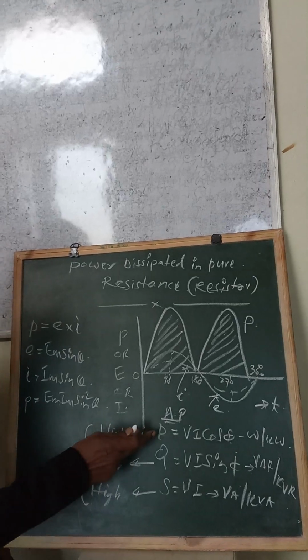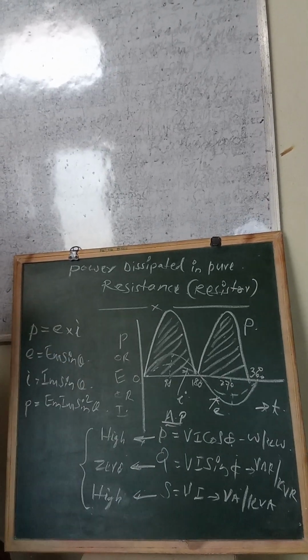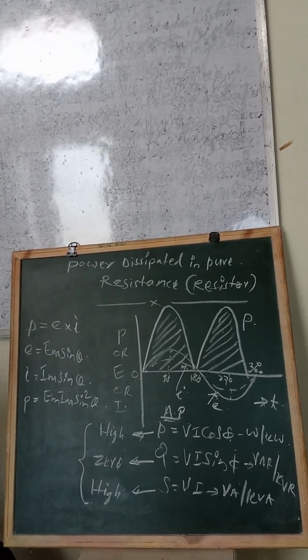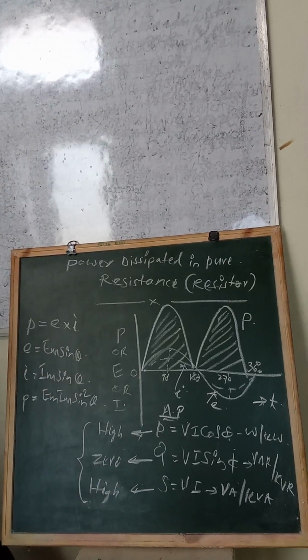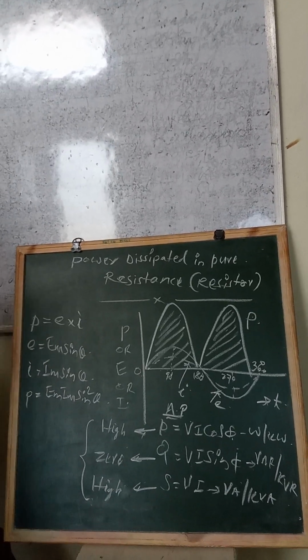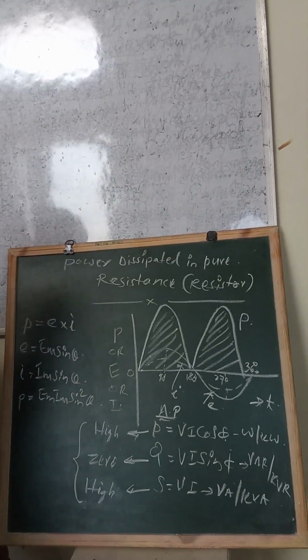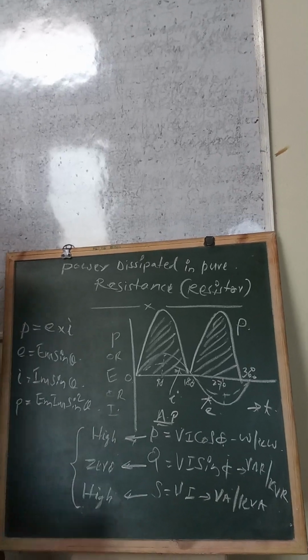You can say each element, whether it is resistance, inductance or capacitance, when subjected to AC sources, will develop three types of power.